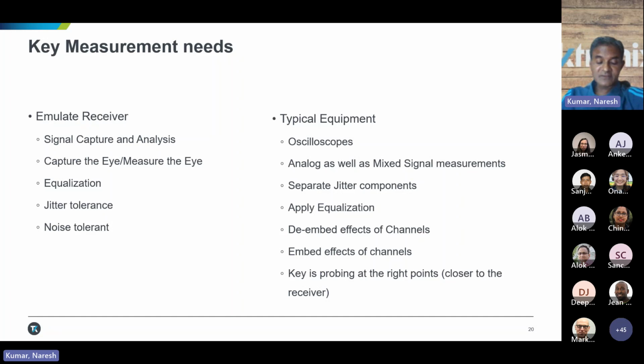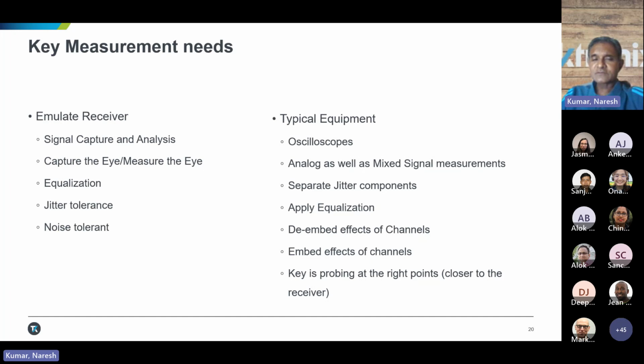And in some cases, because you're not able to physically create a channel, you want to see, hey, if there was a channel, what would the impact on the signal be? Can you show me the impact on my signal if a certain channel is introduced? That's what we call embedding the effect of a channel. Okay.